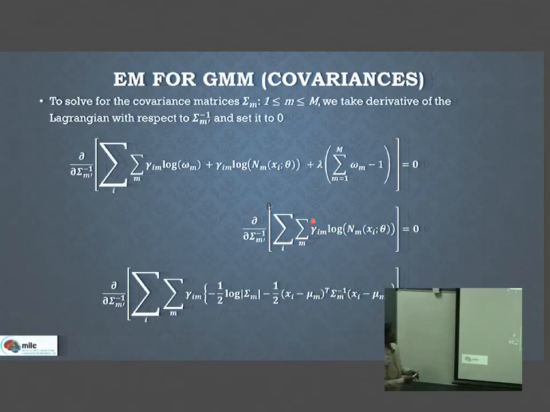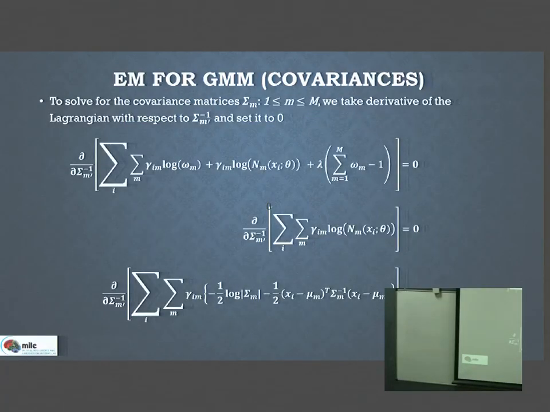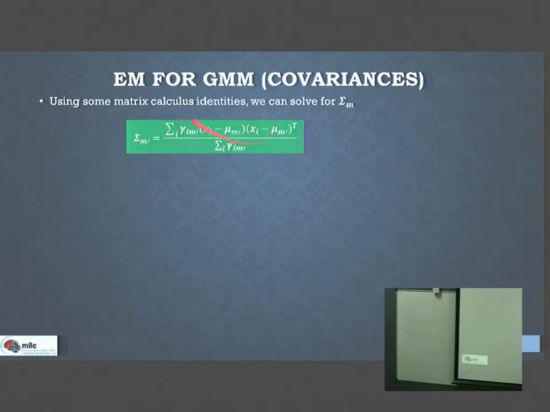Maybe first let's remove some of the terms which don't have any dependency on sigma m. So this doesn't have any dependency and this doesn't have any dependency, so both are removed and only this term has. That's why we keep it here, and we just expand this term, so that is something like this. Now, when you take derivative with respect to this sigma m inverse, then you will get something like this.